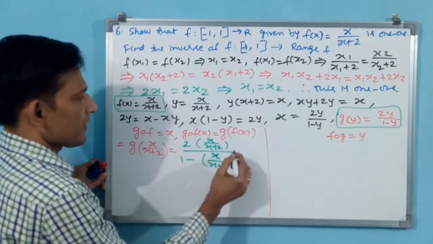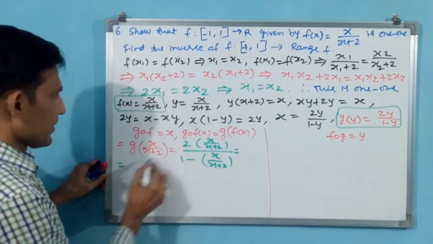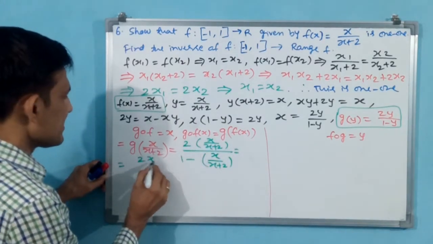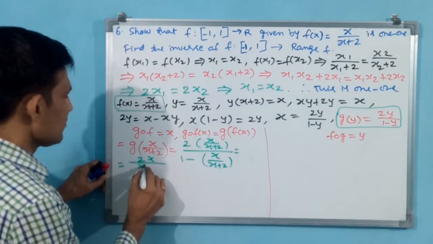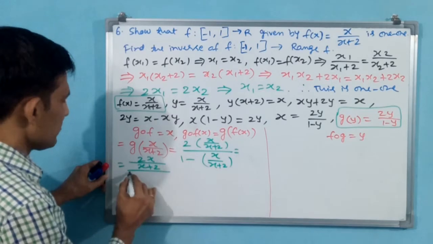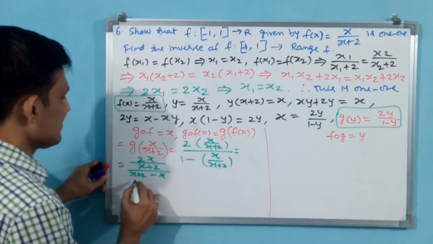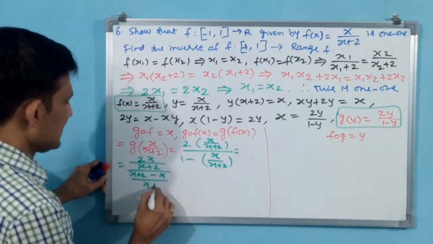Now here you see, 2x by x plus 2 divided by, cross multiplication, x plus 2 minus x by x plus 2.